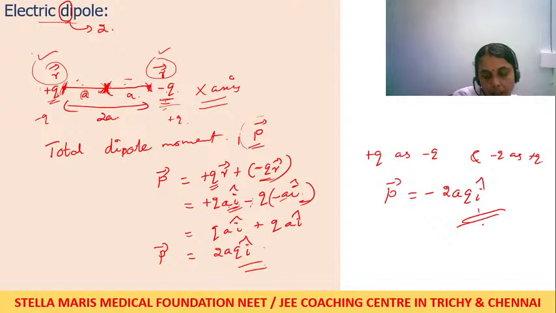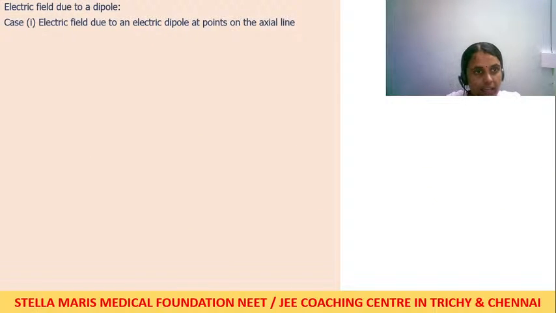Okay, so the next topic is the electric field due to a dipole. Here we are going to see two cases. In the first case, the electric field due to an electric dipole at points on the axial line, and in the next case we will see points on the equatorial line.